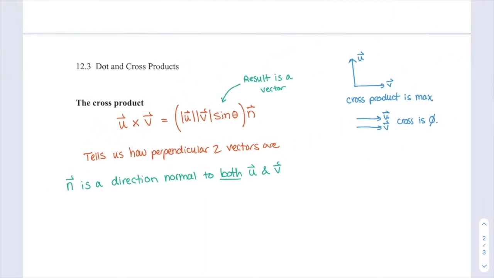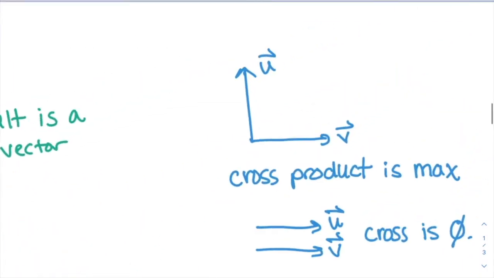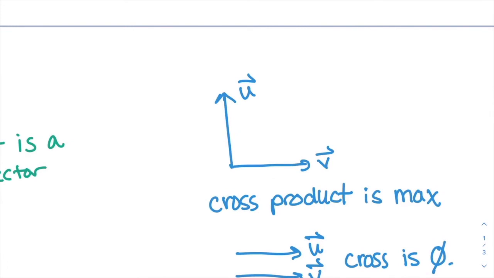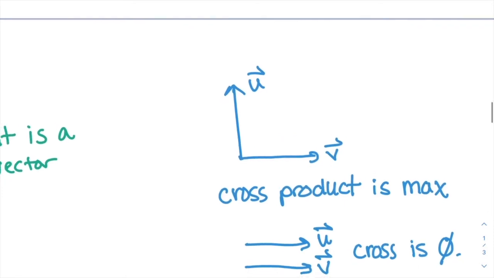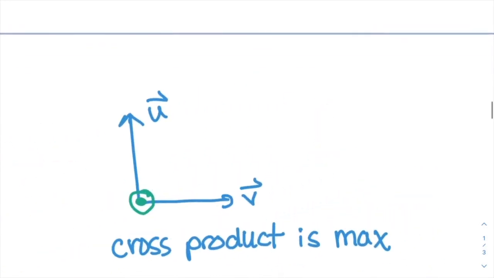The two vectors you took the cross product of. In this case, if you imagined u and v lying in the plane of this page, then the only vector you can find that would be perpendicular to both of them is to come out of the page into the third dimension and have a vector pointing straight up. We use the little circle with a dot in it to notate a vector pointing straight out at us. And I can do another example in perspective.